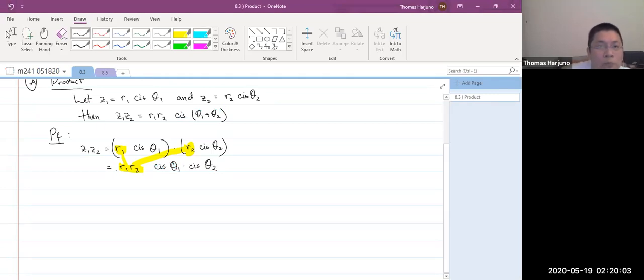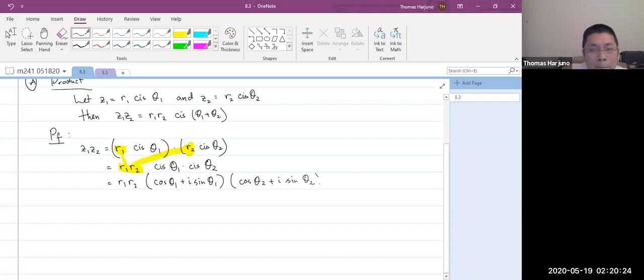This is R1 R2 times cosine theta 1 plus i sine theta 1, times cosine theta 2 plus i sine theta 2. Then I will do FOIL. The first product is, now I want you to do it for me. What is the first term?